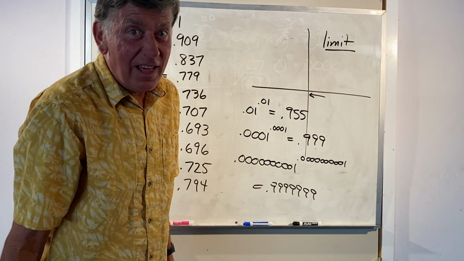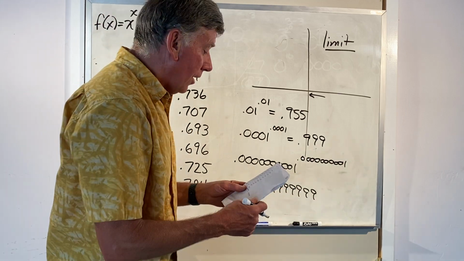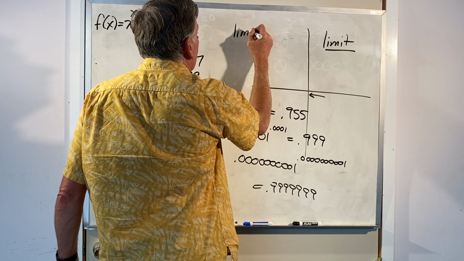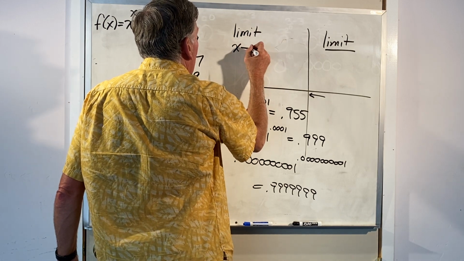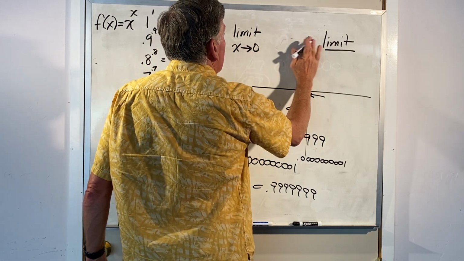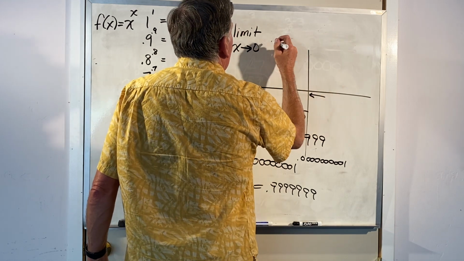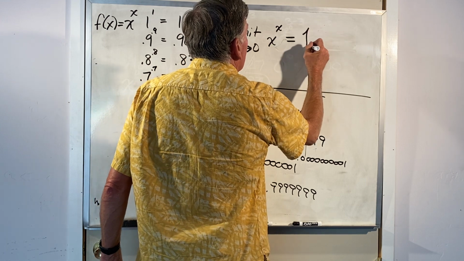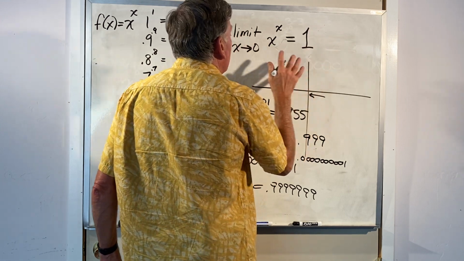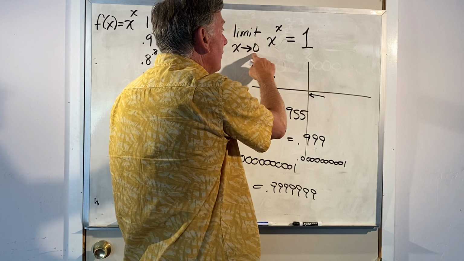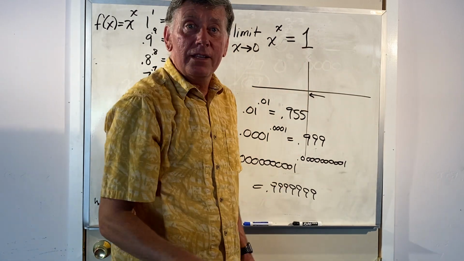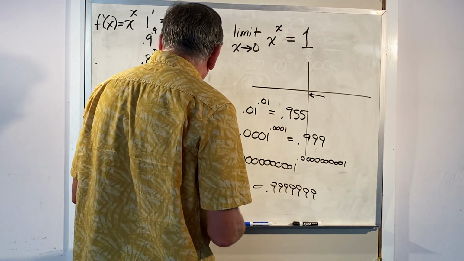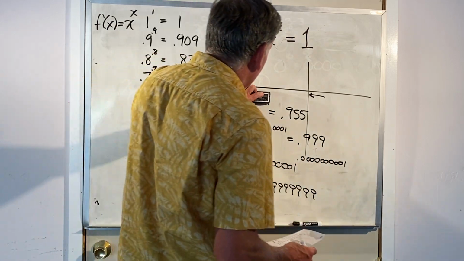I get a lot of 9s in there. So it looks like, and I'm going to write this as the limit as x goes to 0 of x to the x is indeed 1. That means as I get really close to 0, my function value gets very, very close to 1.